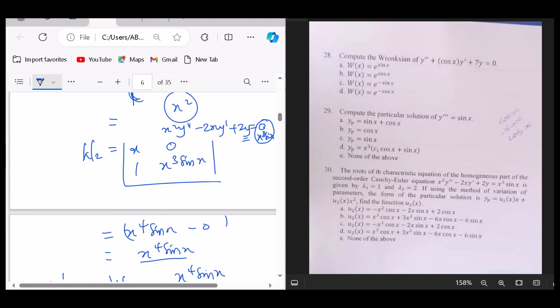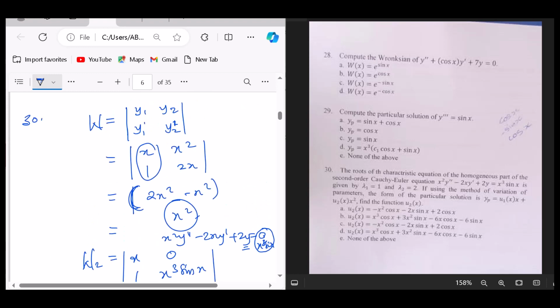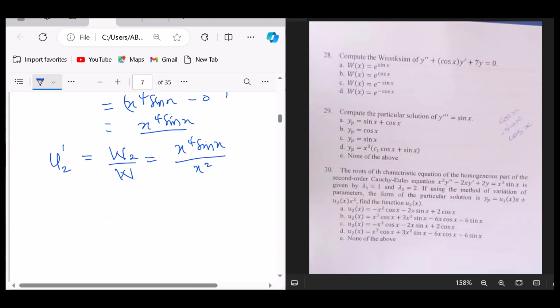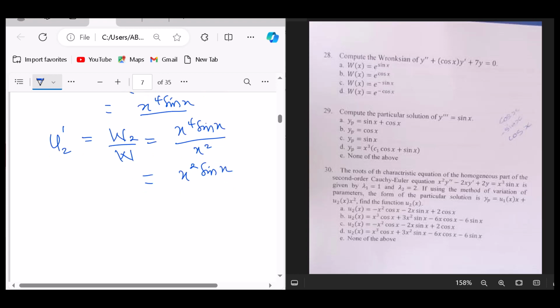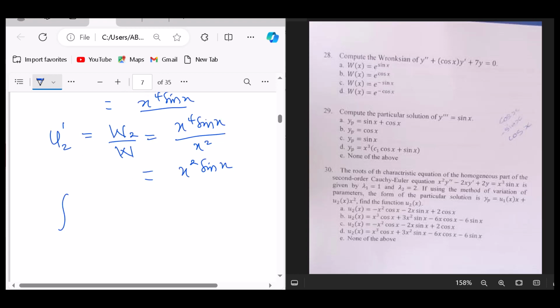We calculated it up here. So this will imply we have x squared sin x, and so we just have to integrate: u2 equals the integral of x squared sin x.